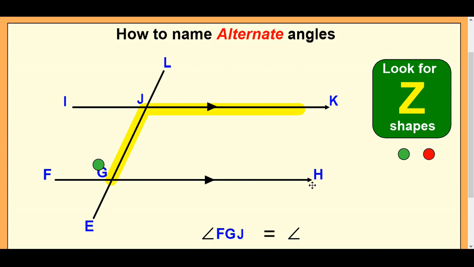Now, how do you name that angle? Well, that starts at G, and it goes to J, which is at the vertex, and then out to K. Okay, so that's how you name alternate angles, and they're equal to each other.